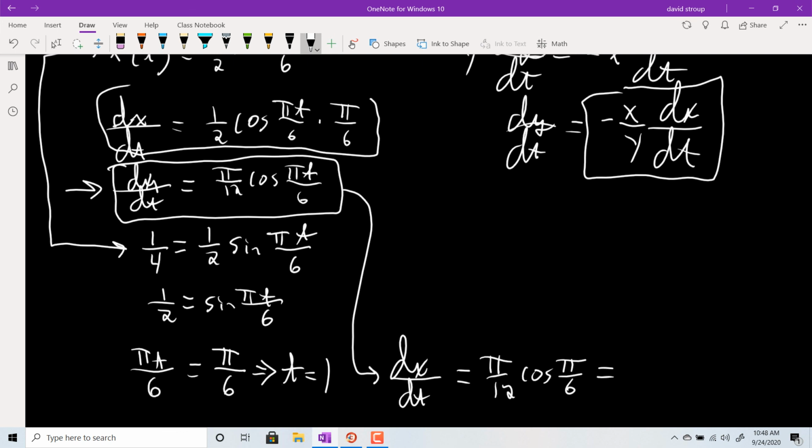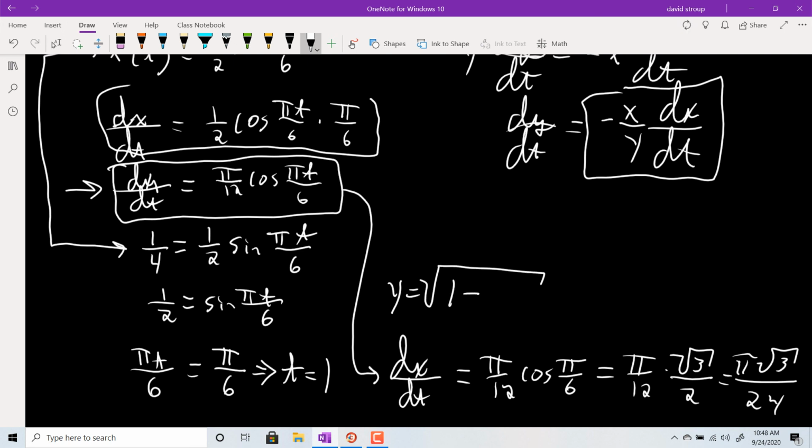That'll equal pi over 12 times root 3 over 2, so pi root 3 over 24. The only other thing I need is the y value, and I can get y from the square root of 1 minus x squared, so 1 over 16. That would be the square root of 15/16, in other words, the square root of 15 over 4.